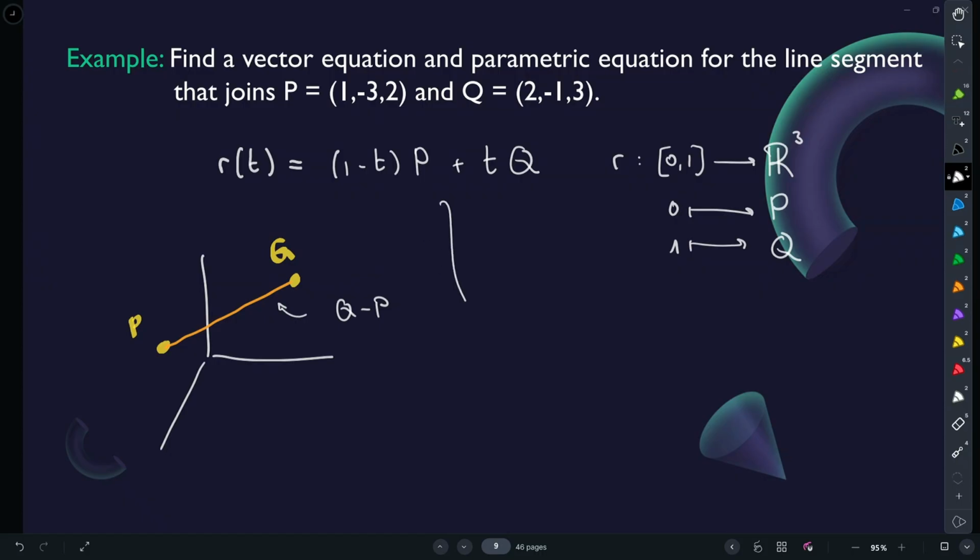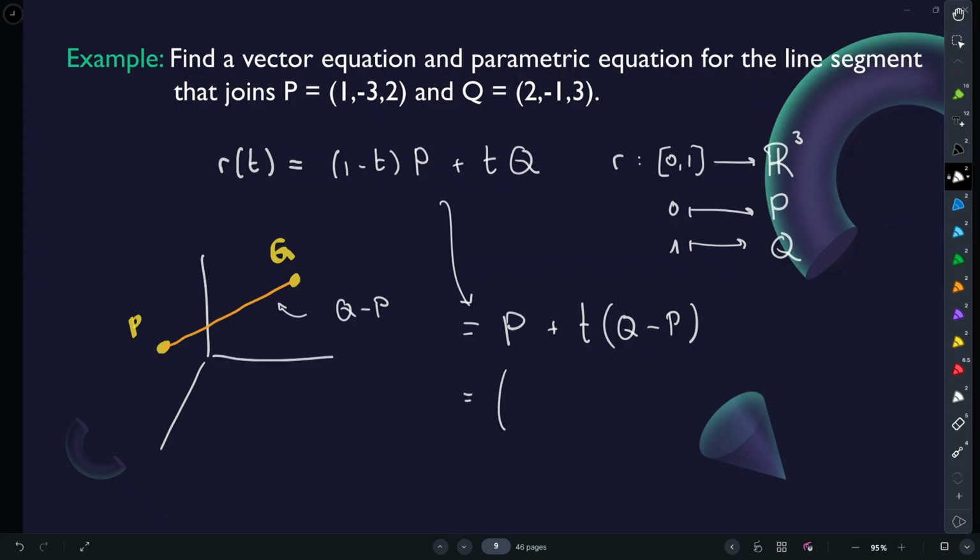Let me just continue here. If you want to rewrite that, this is also what I was trying to do at first, P plus t times the vector Q minus P. This is what we call the vector equation, because it's a point plus t times a vector. Okay, so I can now write that.